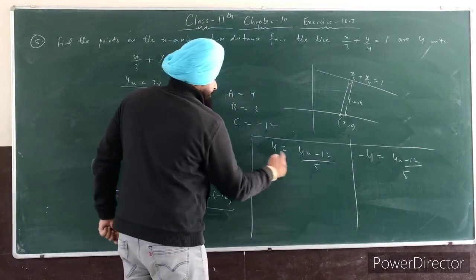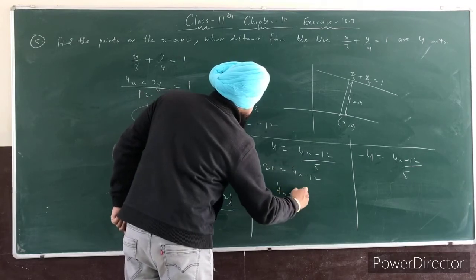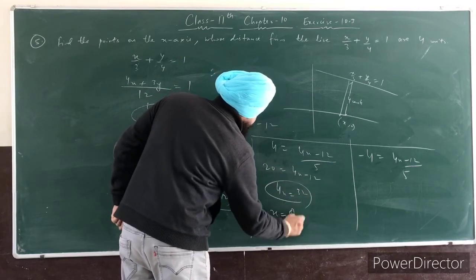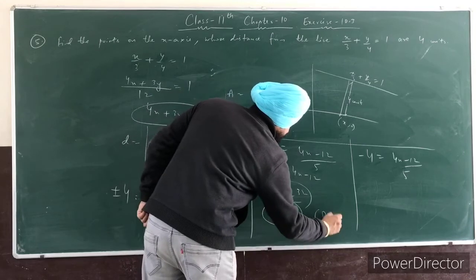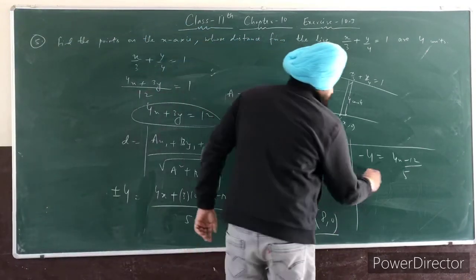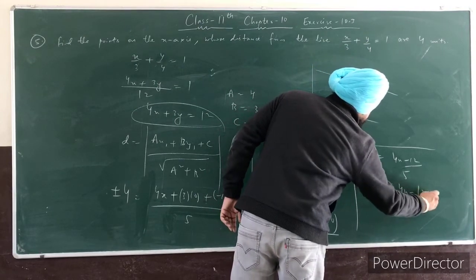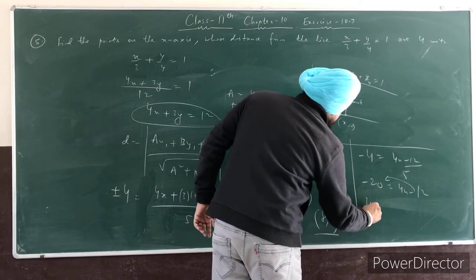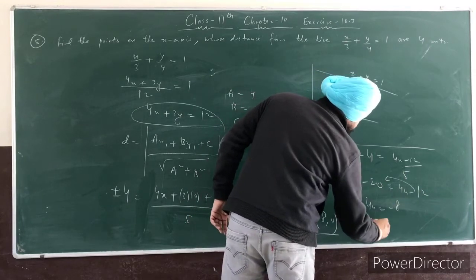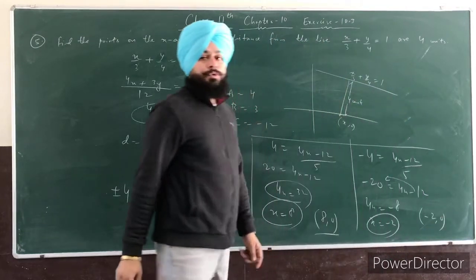So 5 fours are 20. 20 + 12 gives 4x = 32 and the value of x is 8. It means the first point is (8, 0). Solving the other equation, -20 = 4x - 12, so 4x = -8 and x = -2. Therefore the other point is (-2, 0).